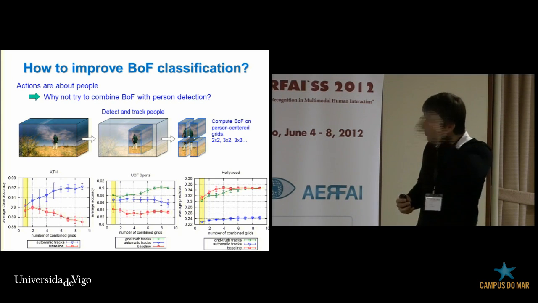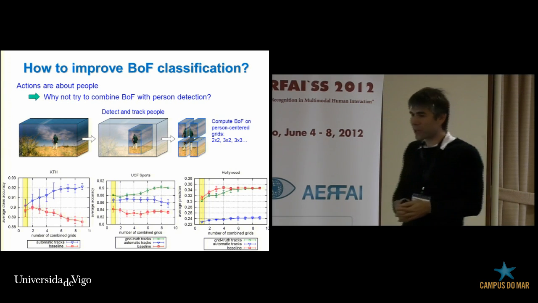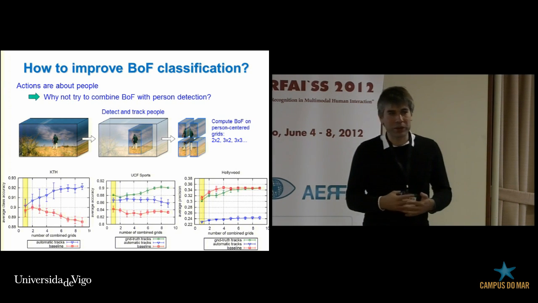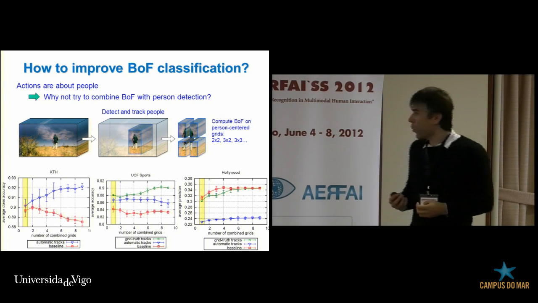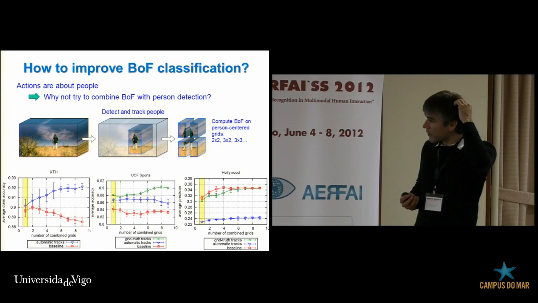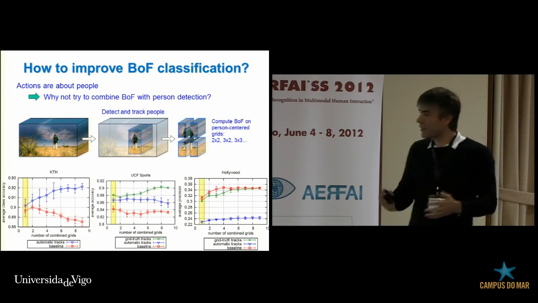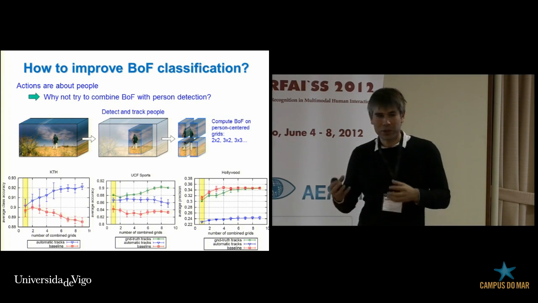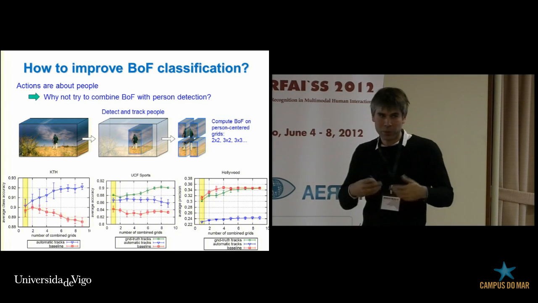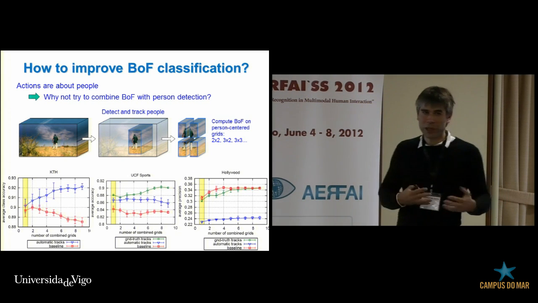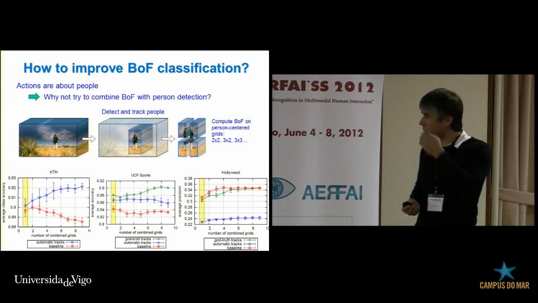Let's try to look at what this does. We can either run an automatic person detector, or even better, to have a baseline, we can even annotate the bounding boxes of people and see what's the best combination of this information with a bag of words.